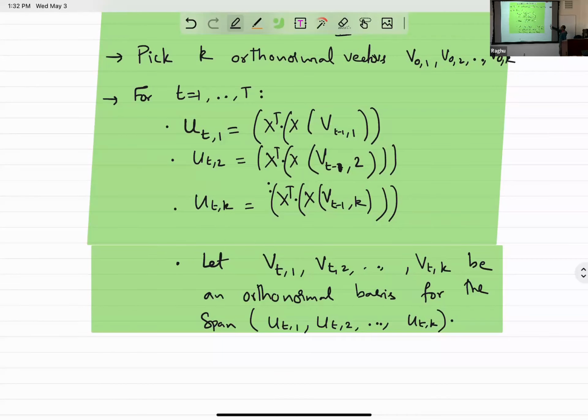So you're doing a power iteration for all k in parallel, and then you find an orthonormal basis for them, and then do the same thing again. So this also works. It's less clear from our analysis, but you can show that this also works to find the top k singular vectors instead of peeling them one after the other. Does the algorithm make sense?